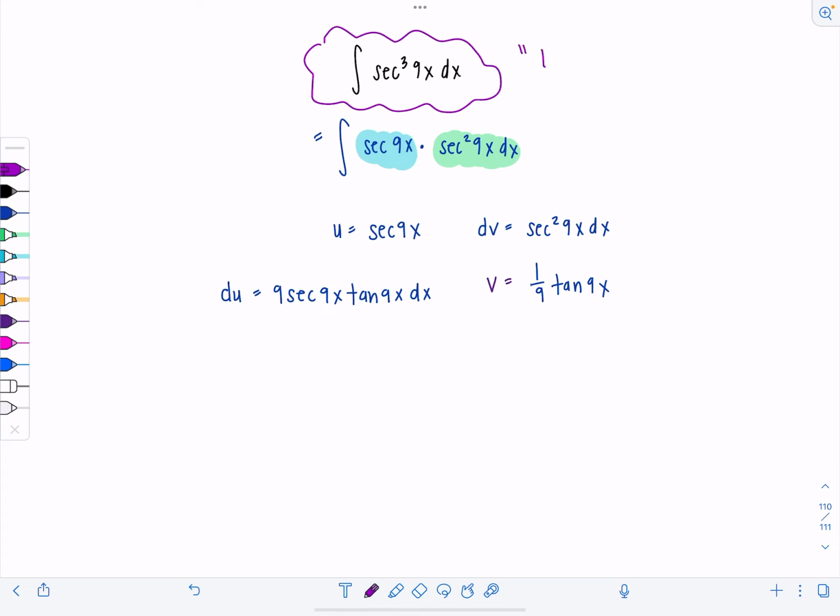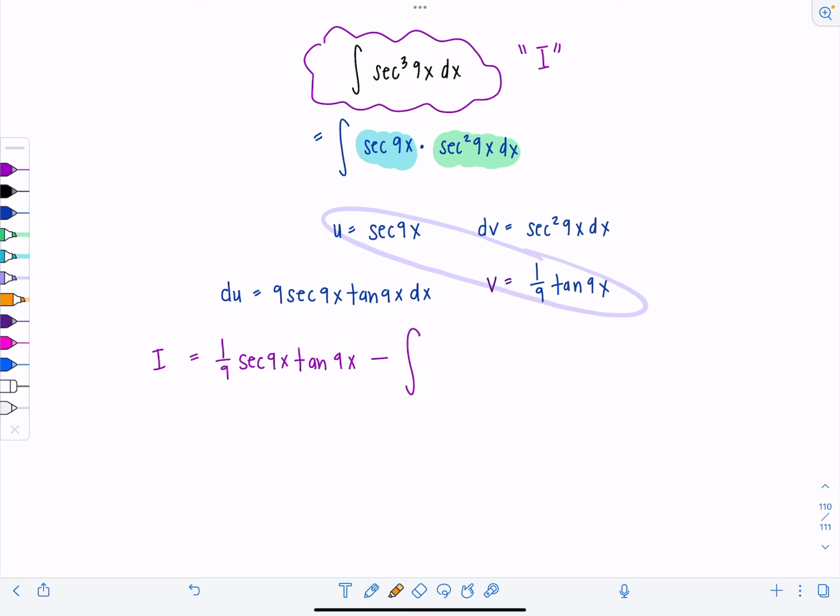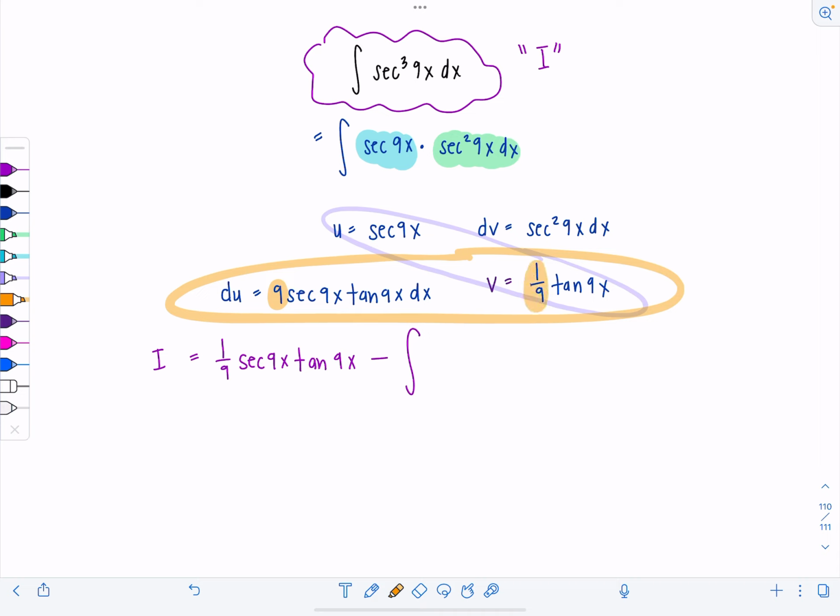I'm going to call it I. That original integral I is equal to uv, that product, so that's 1/9 secant 9x tan 9x minus integral v du. Before I write the product out, I can already tell 9 and 1/9 will cancel. And then look, I've got a tangent 9x and another one, so we've got tangent squared. So I have secant 9x tangent squared 9x dx.